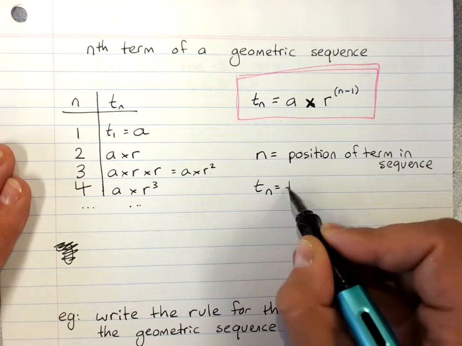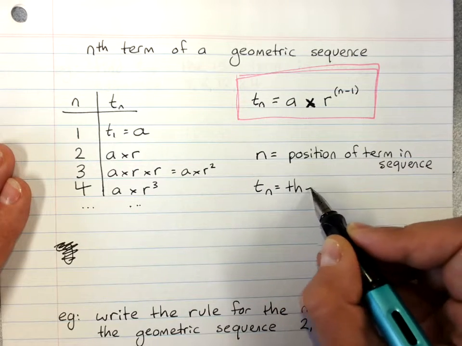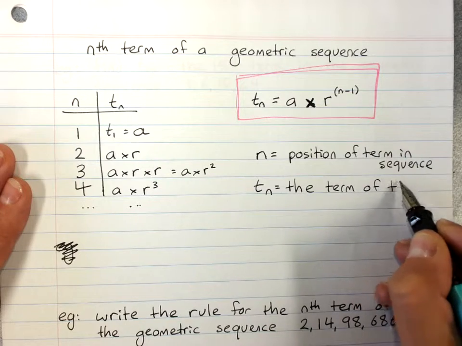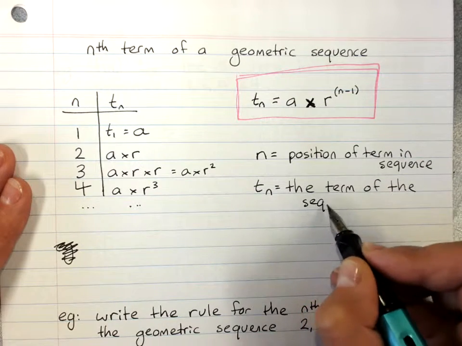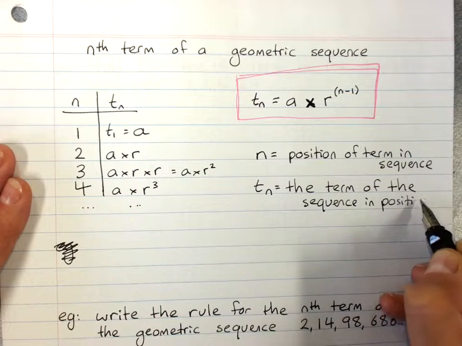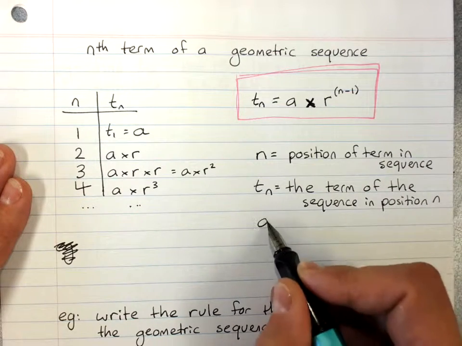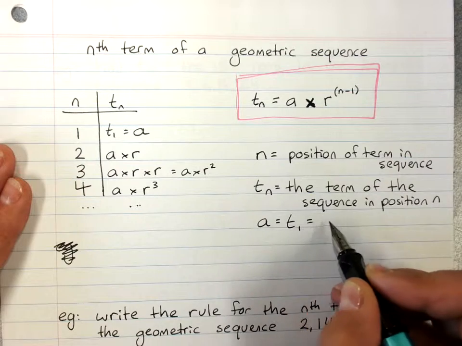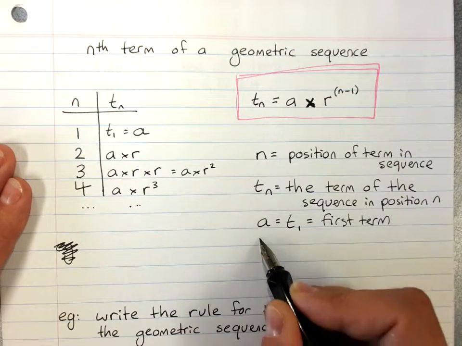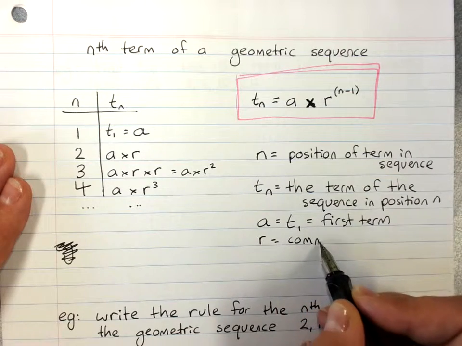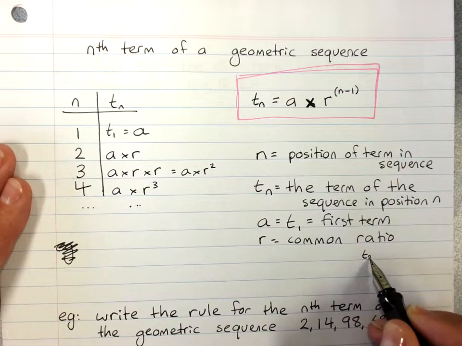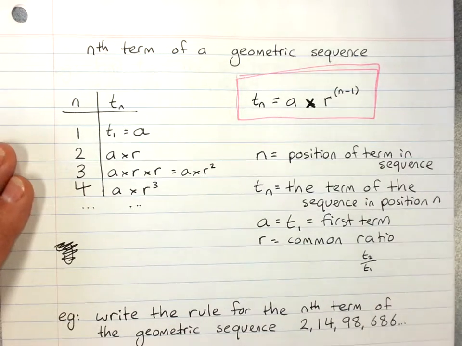Tn is the actual term of the pattern that's in position n. a is the same as T1, which is the first term, and r is the common ratio, which you'll remember is T2 divided by T1.